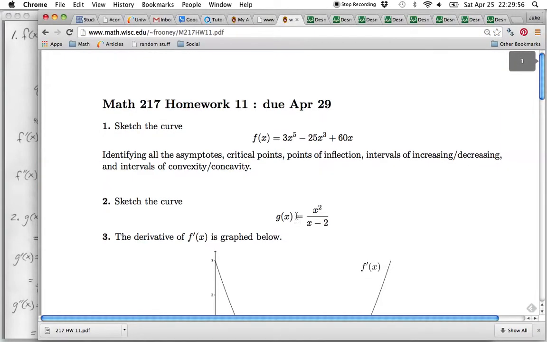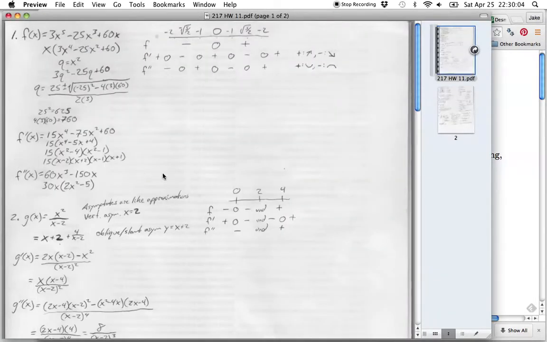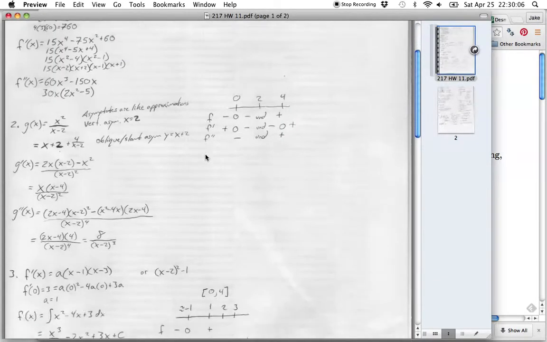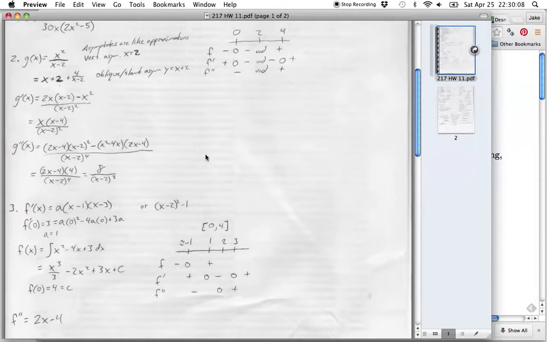In number 2, we're asked g of x is x squared over the quantity x minus 2. Now this is a good situation where we're going to have asymptotes. Clearly we can't divide by 0, so we're going to have a vertical asymptote at x equals 2.